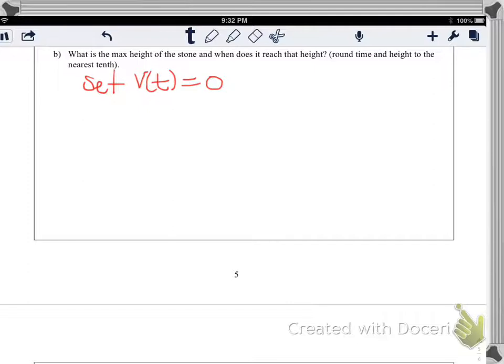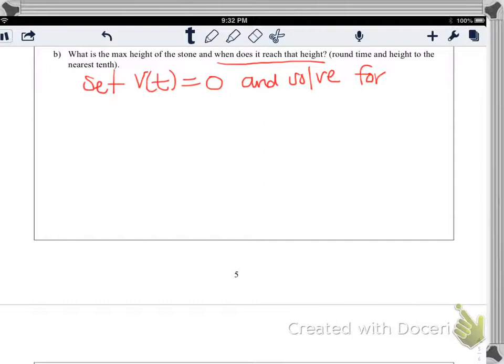That'll give you t, so solve for t. Then we have to do more work to figure out the maximum height. So we're actually answering the second question first, when it reaches that height, and then we're going to use that information to tell us the maximum height.